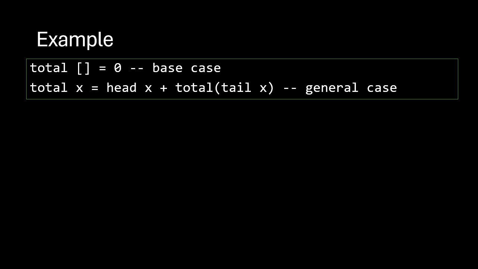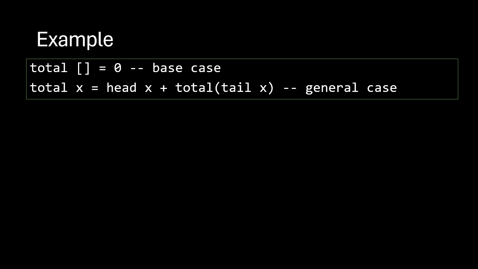So let's have a look at the general case first. Notice we have total on both sides of that equal sign here. So essentially what that means is that total is recursively calling itself, and each time it does that, it takes the head of the list, the first item in our list, and then applies the total function to the tail of that list.